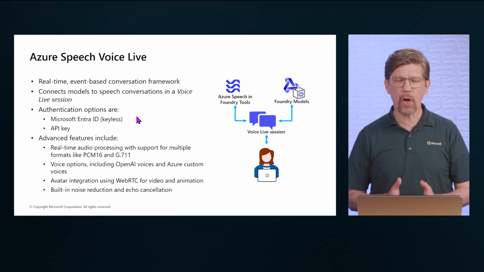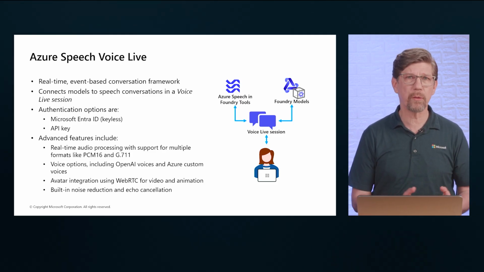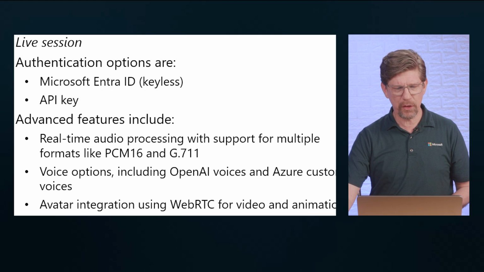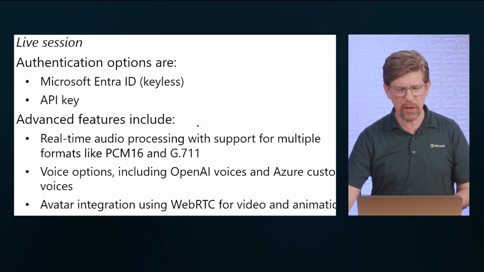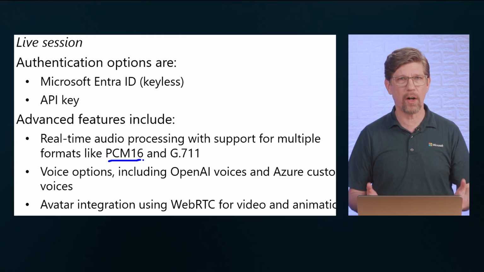But it's more than just talking back and forth, right? There are a number of different advanced features that are pretty powerful. So the first is that you can decide what we're using in terms of audio formats. You can use the PCM16 format, which is an uncompressed standard audio format.